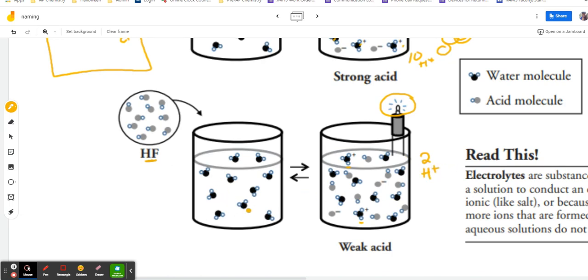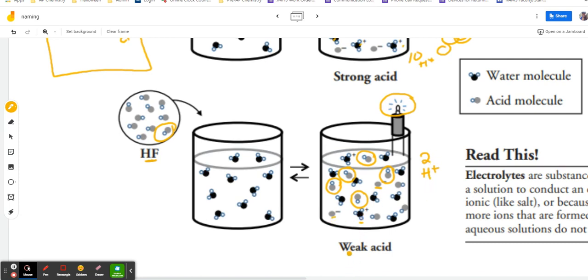The reason why is basically right here, these little hydrofluoric acid molecules, that fluorine is holding on tight to that hydrogen. It's not separating. So as you can see, you have a lot of those hydrofluoric acid molecules just kind of floating around, right? Only 2 of them let go to create those hydroniums.